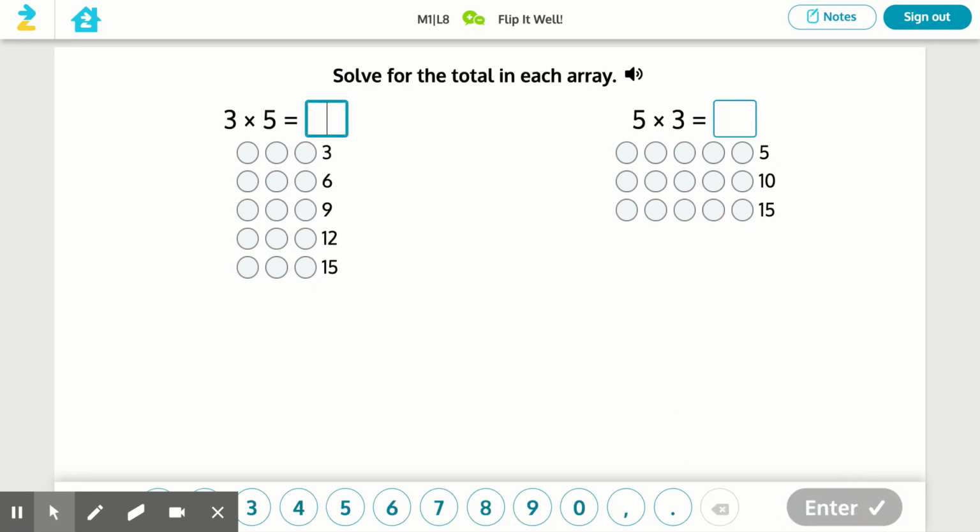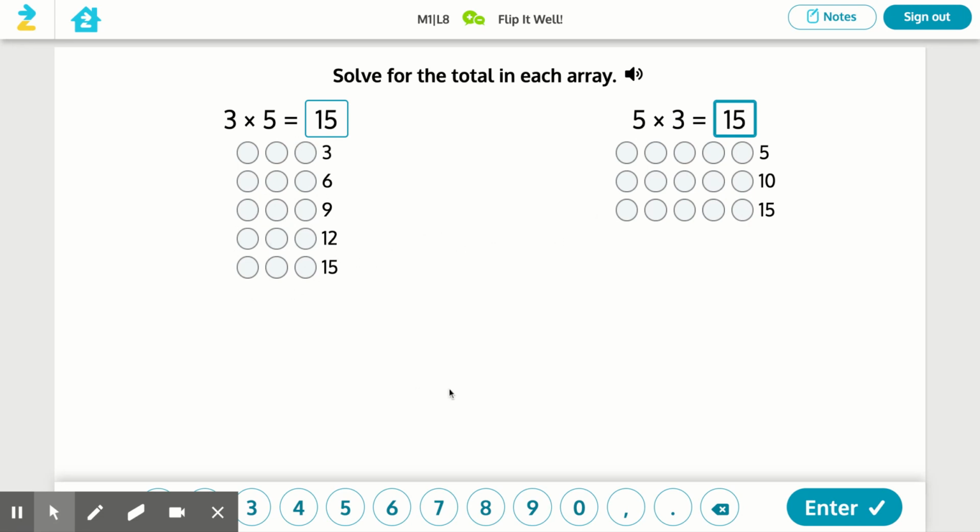Now, let's solve for the total. In your Nearpod, please tell me the total number of counters that each array has. That's right, 3 times 5 is 15, and so is 5 times 3. The answer to both is 15.